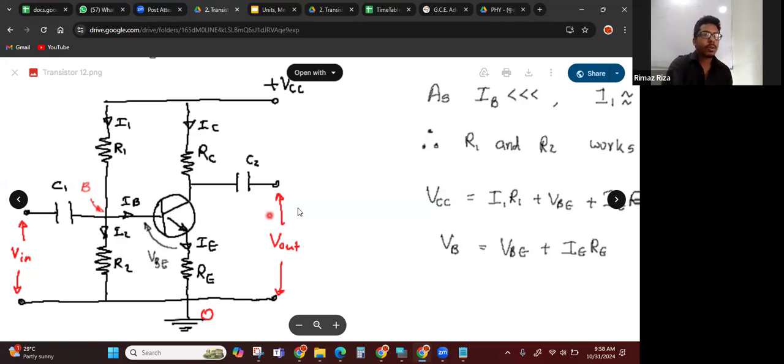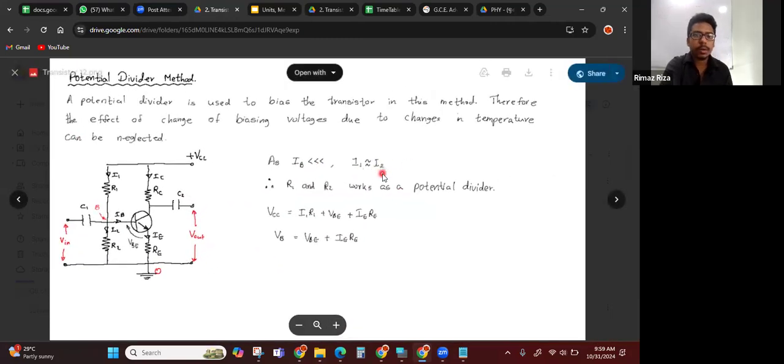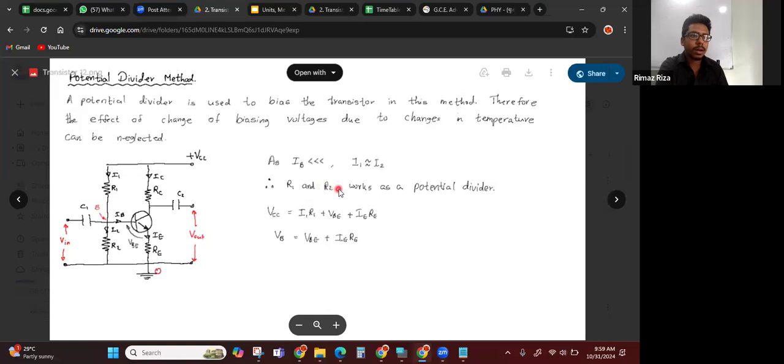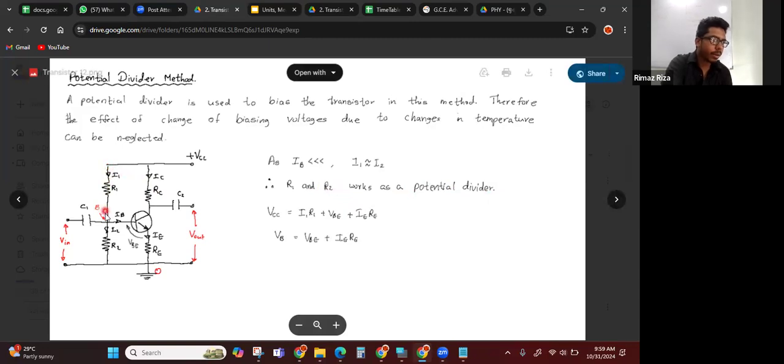Okay. So here as IB is very small, I1 is approximately equal to I2. Therefore R1 and R2 work as a potential divider. So R1 and R2 are a series resistor system. Therefore now I can write, here VCC is equal to I1 times R1.